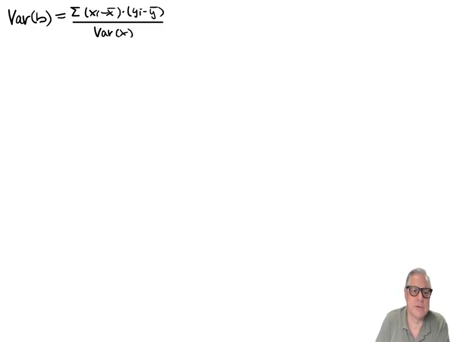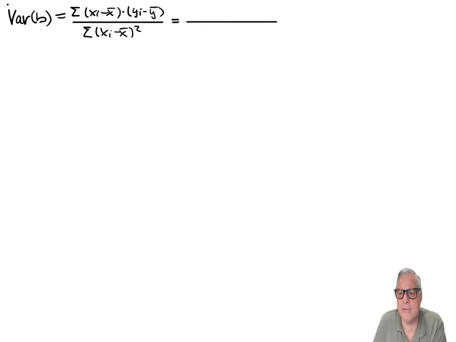And the variance of x can be written as the sum of xi minus x bar squared. And then we still would have to divide both by n minus 1, but that will cancel out. Okay, then what we did is we derived the ki.